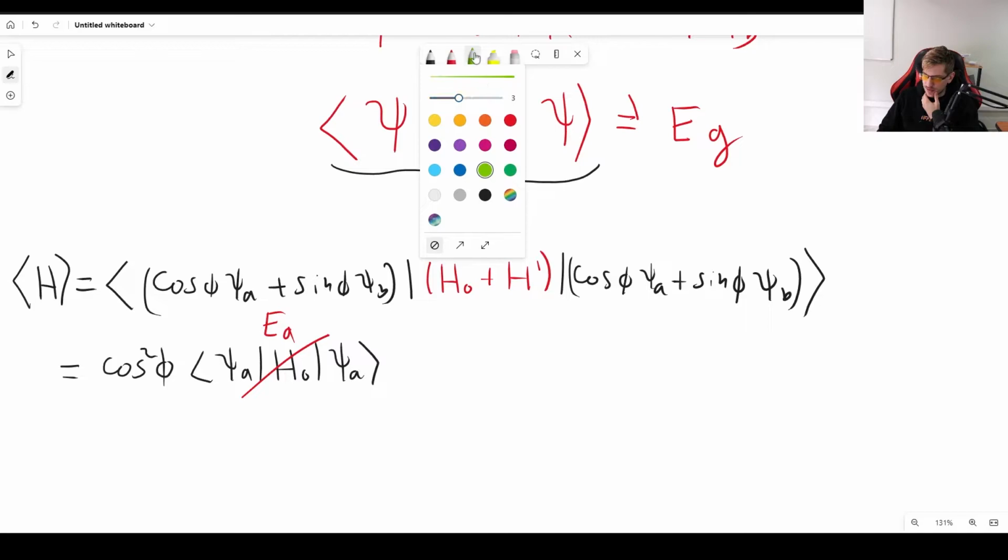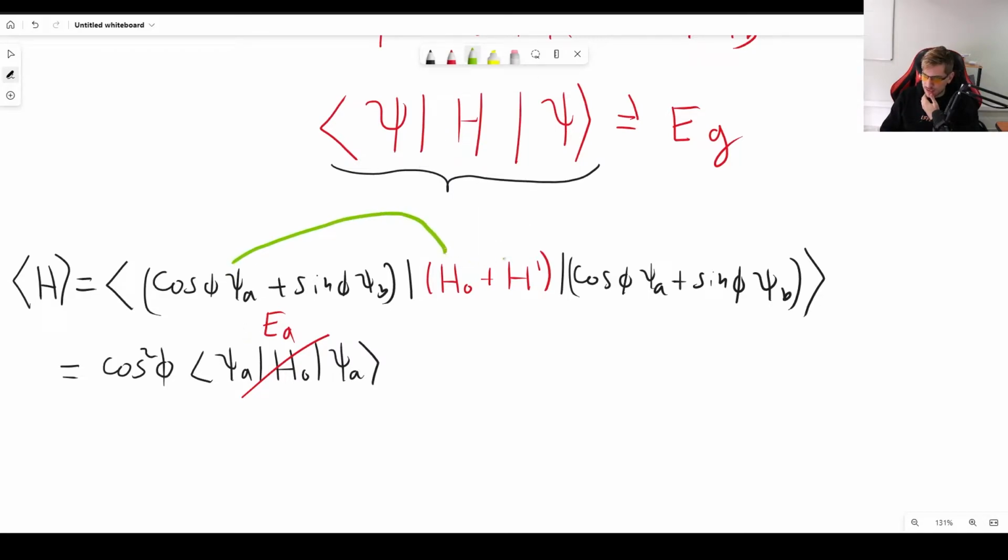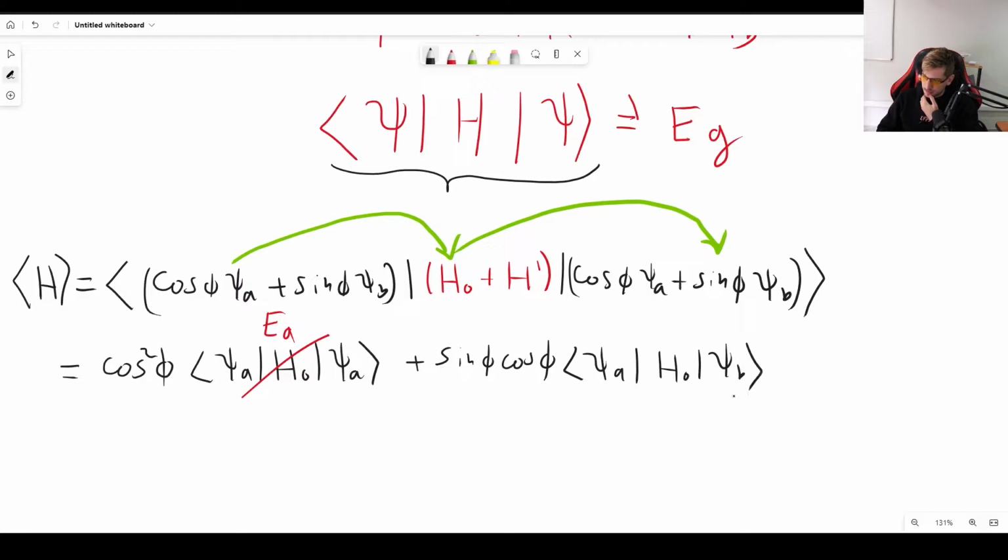Now let's go for cosine times H0 times this one, sine phi. So when we do that, we get sine phi cosine phi, the order doesn't matter there, times psi A H0 psi B. But this is 0, right? By definition, we don't have off-diagonal terms for the unperturbed system. So this entire thing is 0.